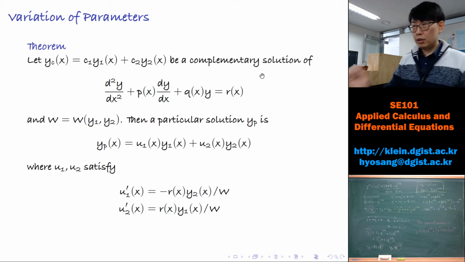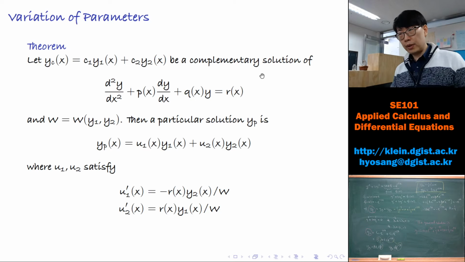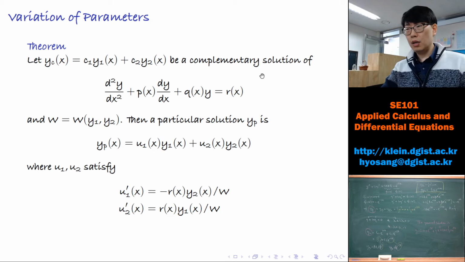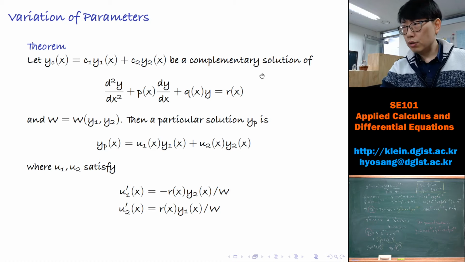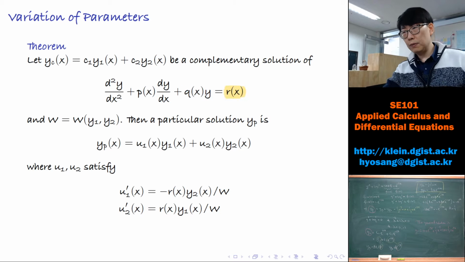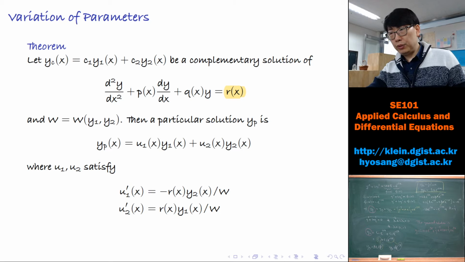So maybe if you have a log in your non-homogeneous term, you might be able to use the variation of parameters that we're going to talk about right now. It says the following: if you have a second order differential equation with a non-homogeneous term, and suppose that you know the complementary solution. So y1, y2 is the solution to this differential equation when this r(x) equals 0. Let W be the Wronskian of y1 and y2.